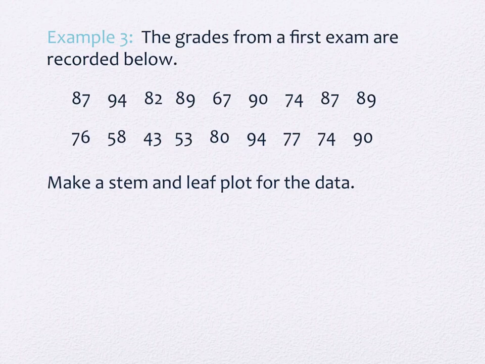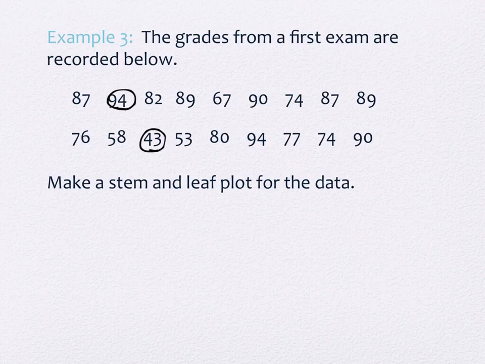So just like when we were doing the other one, we need to know what the smallest value and the largest value are. So you're first going to have to look for that. So what do you see? What's the smallest one? Which one? 43, I think so. Okay, what's our largest value? 94? Okay.